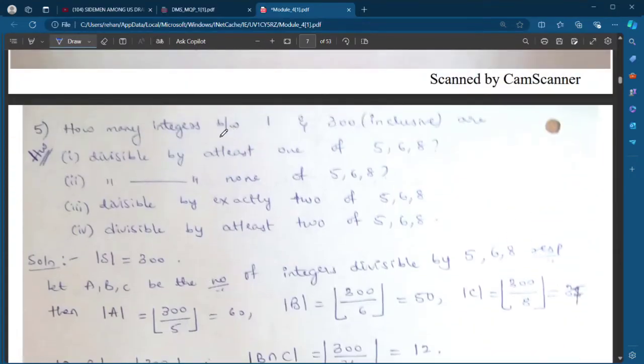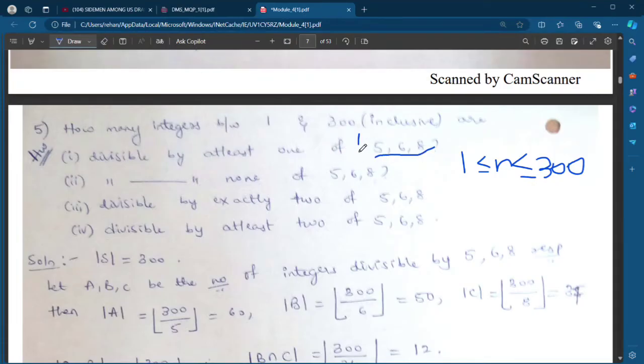Okay, same way, how many integers between 1 to 300? So it is 1 less than or equal to n less than or equal to 300. Then you have to see divisible by at least one of the following.